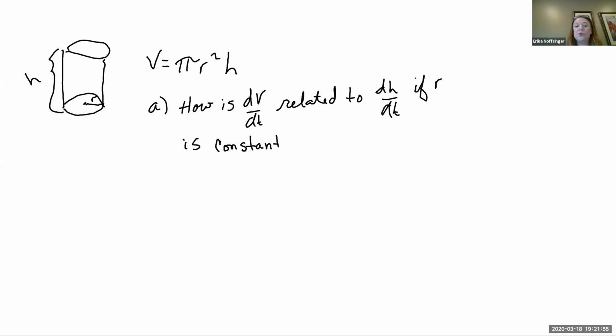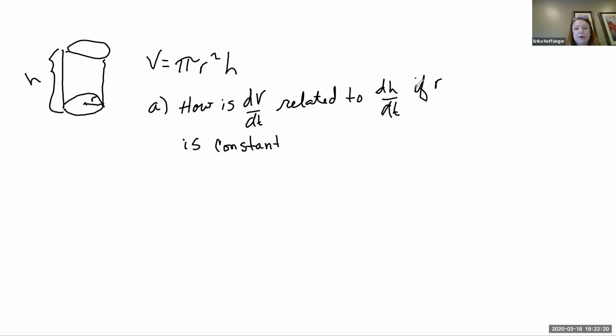Okay, so we're looking at how the rate of change of our volume with respect to time is related to the rate of change of our height with respect to time if R is constant. So basically R is not changing, that cylinder is not expanding, it's just constant.